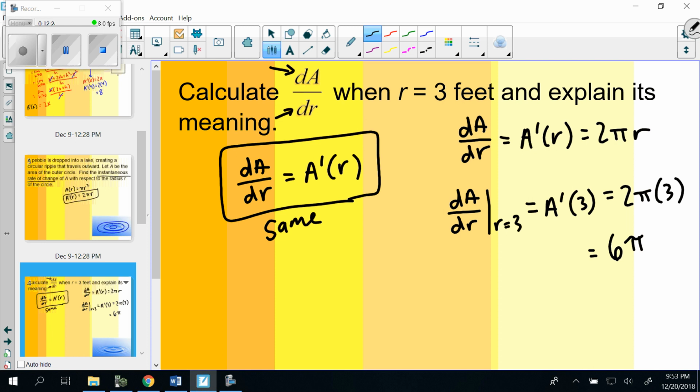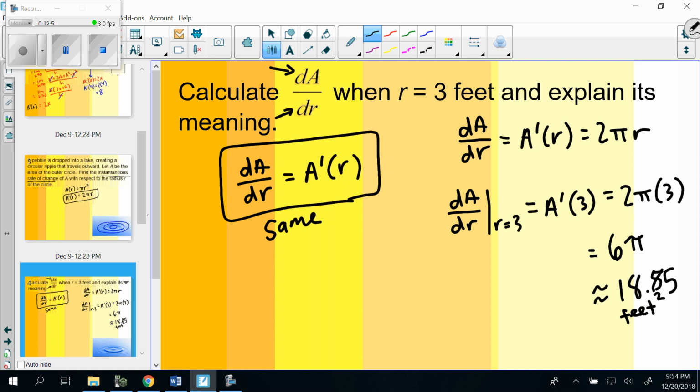The area is changing at a rate of 6 times pi. We could estimate, so we have a better idea of what that's saying. If we multiply 6 times pi, it's approximately 18.85. So the area is expanding at 18.85 feet squared because it's an area.